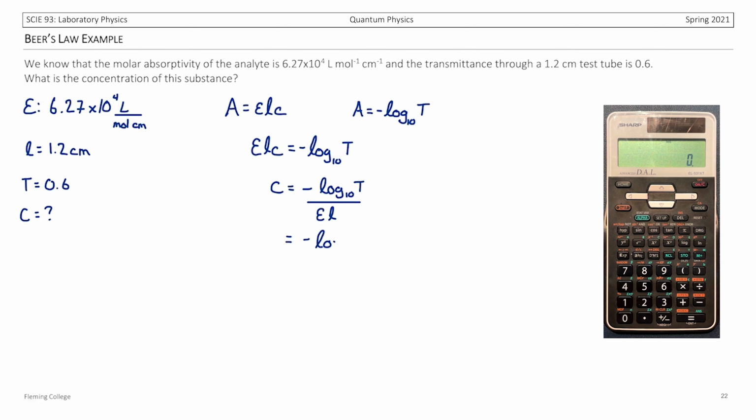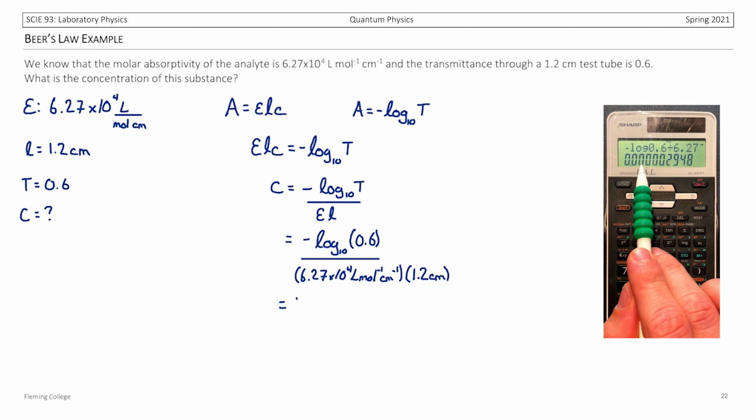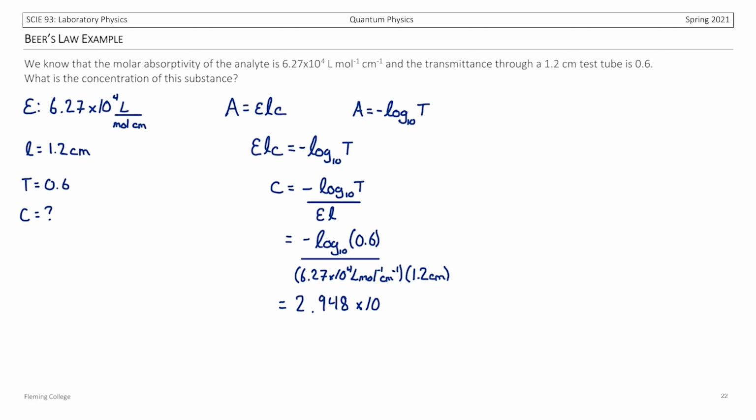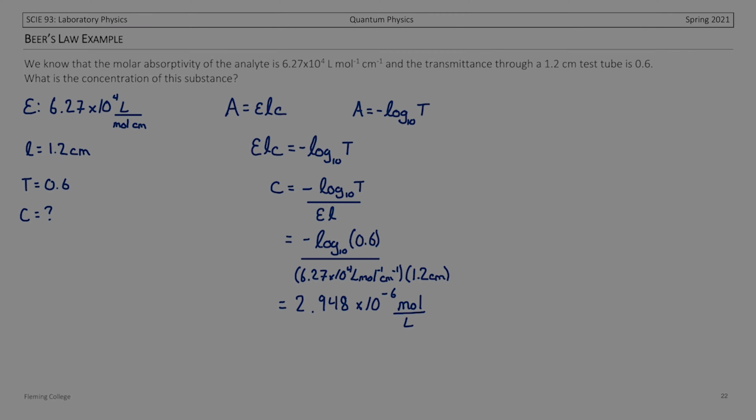So we're going to calculate negative log base 10 of 0.6 divided by 6.27 times 10 to the 4 divided by 1.2, and we see we get a result of, and again we have to be careful, if we look at our result, this is 6 total zeros, so we need to have 2.94 times 10 to the -6. If we consider our units, this will be moles per liter.